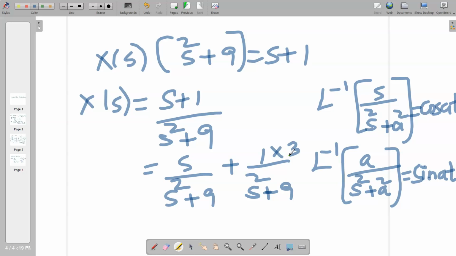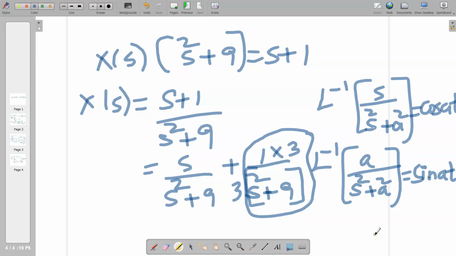So, you can multiply and divide by 3 in your second term, such that now for this term I can apply this formula. Okay. So, 3 by s square plus 9 I can apply now.